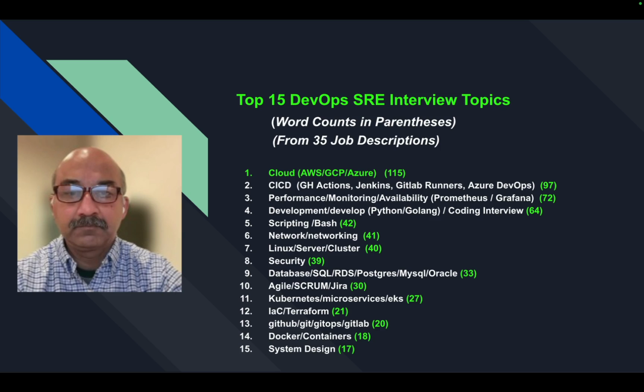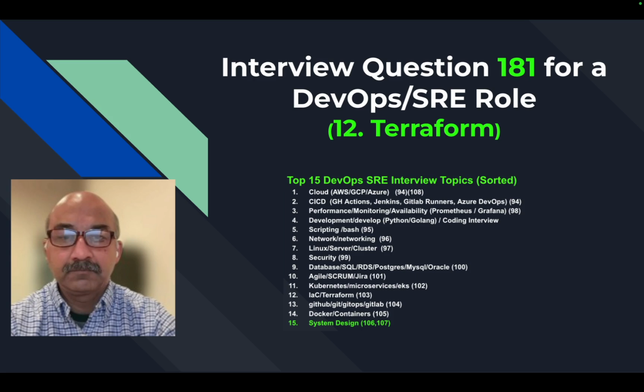So when you're preparing for your DevOps SRE interviews, please focus on the first 6 or 7 a lot more than you would on the bottom ones like system design and containers. Although, as you can see, even system design came up 17 times out of 35 jobs, so they're not ignorable. You do have to spend some time on the top 8 or 9 topics, studying them just a little bit, but of course not as much as the top 5 or 6 topics. So that was the reason for that research.